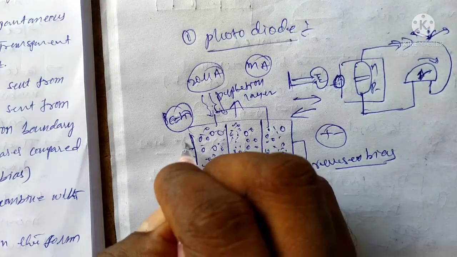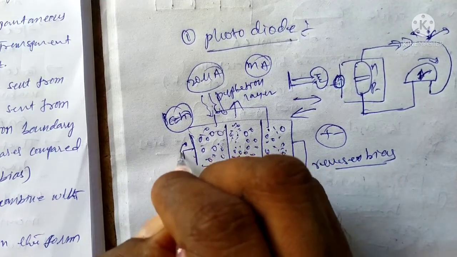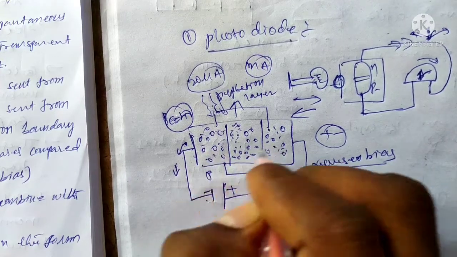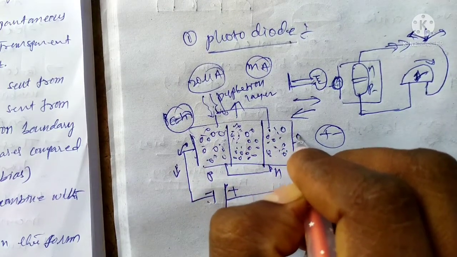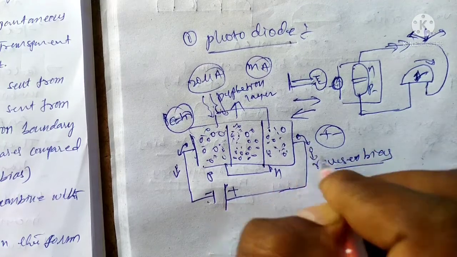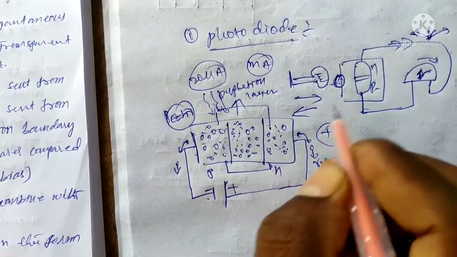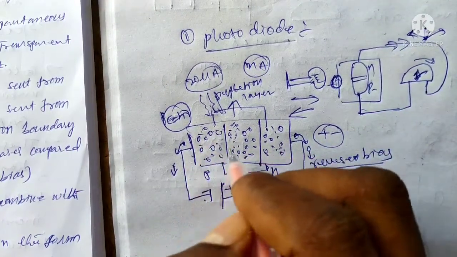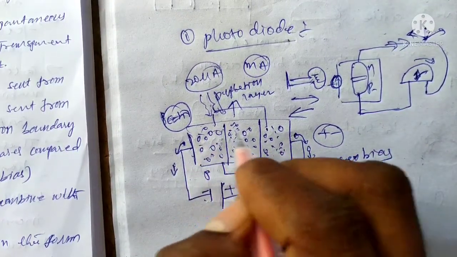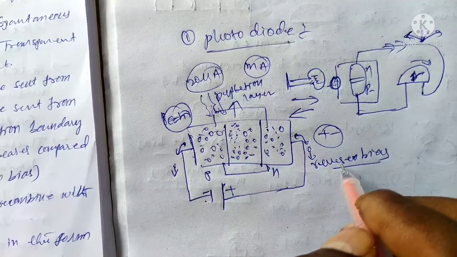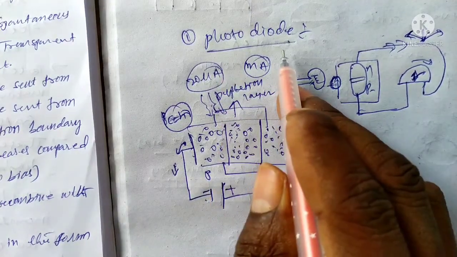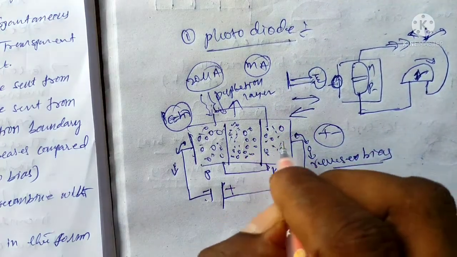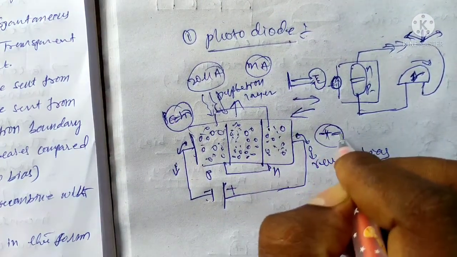That means electrons go from p to n, and holes go the other way. In this way you get a current. This phenomenon occurs in reverse bias in the photodiode, and it is electron-hole pair generation.